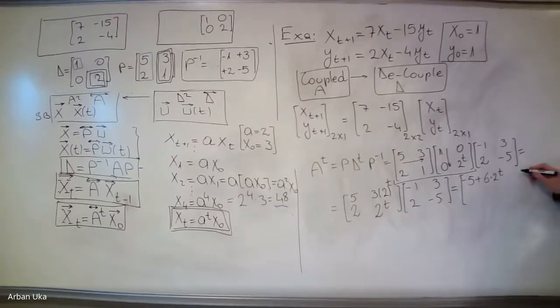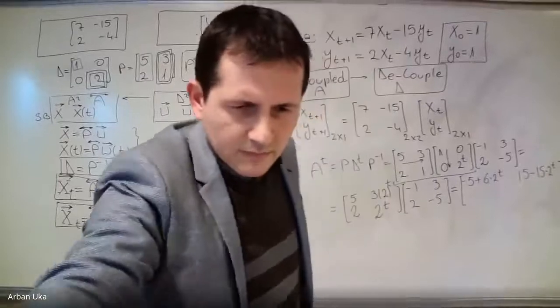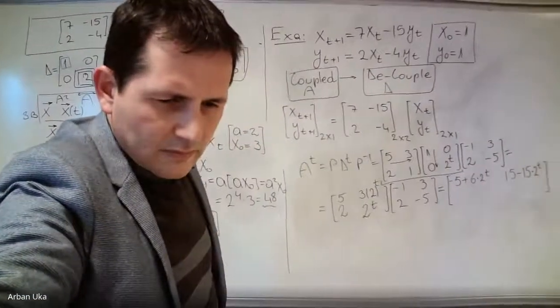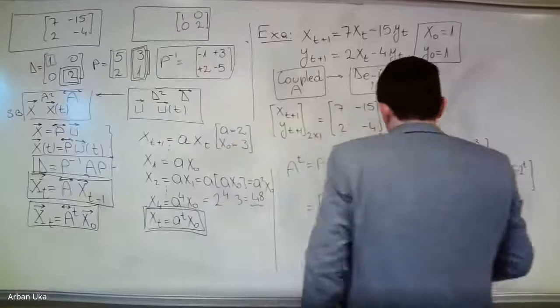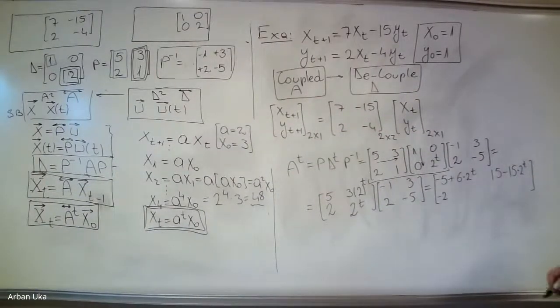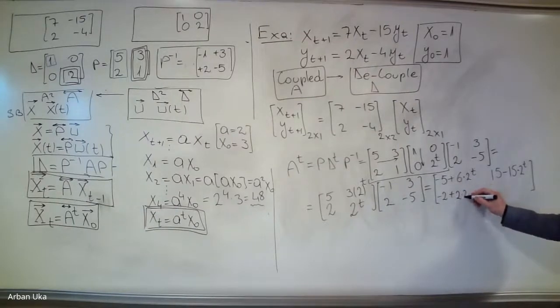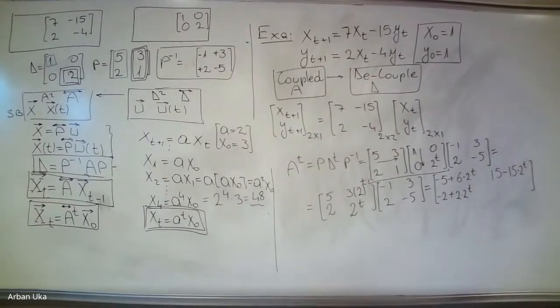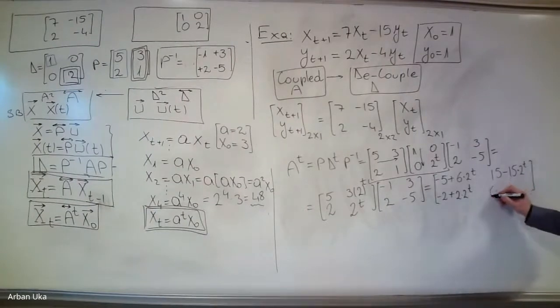Then we get here 15 minus 15 times 2 to the power t, and then we have minus 2 plus 2 times 2 to the power t, and then 6.